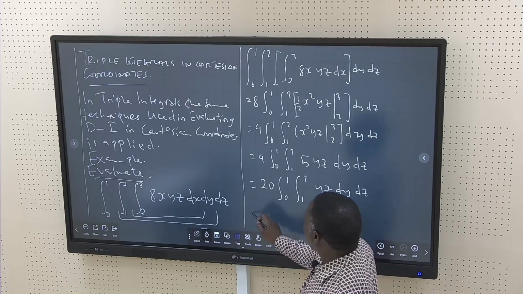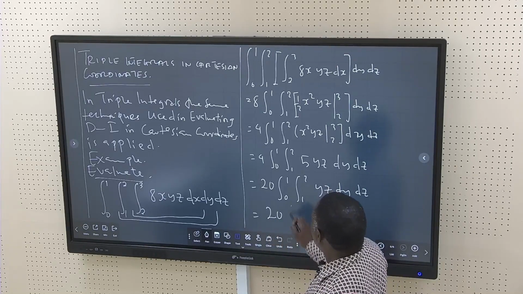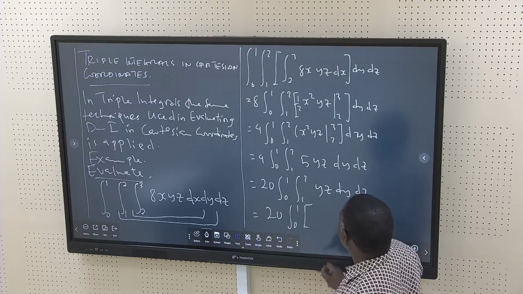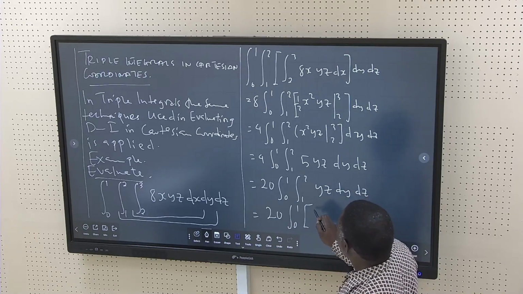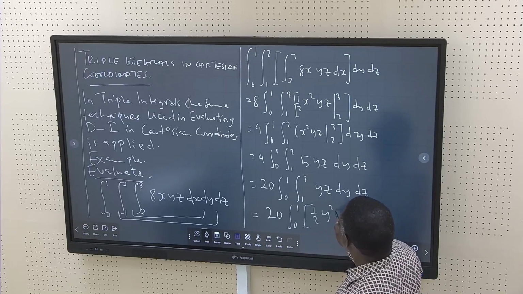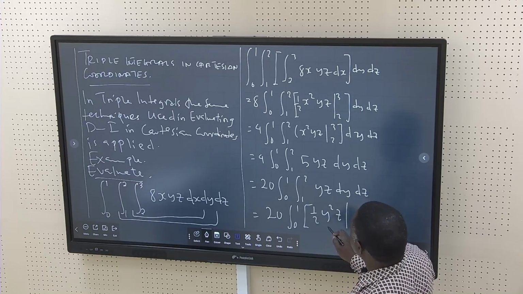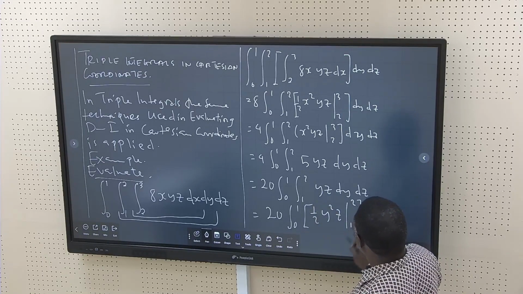Again, you integrate here with respect to y. So integrating with respect to y, here becomes a half y square, z is constant, now from 1 to 2 with respect to z.